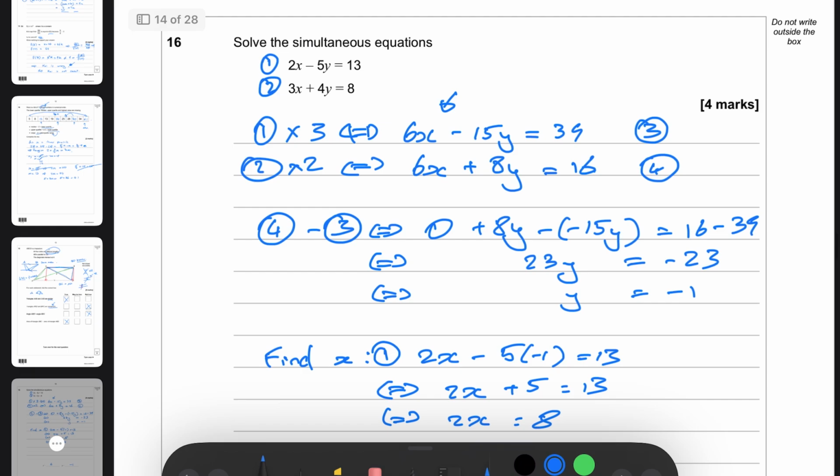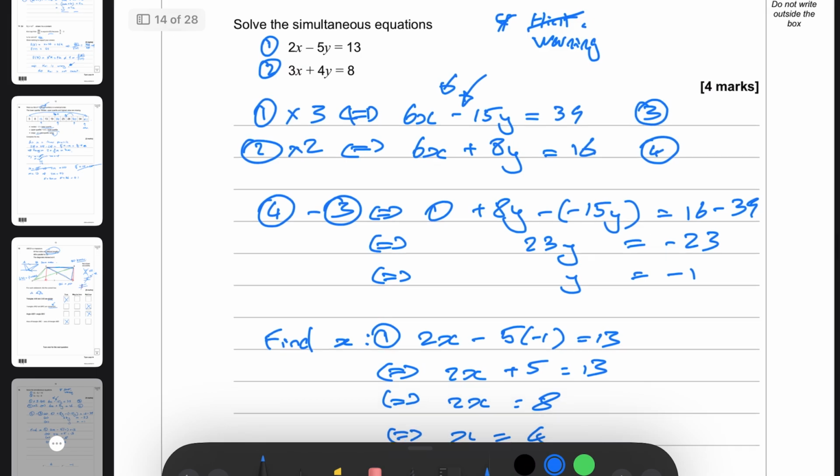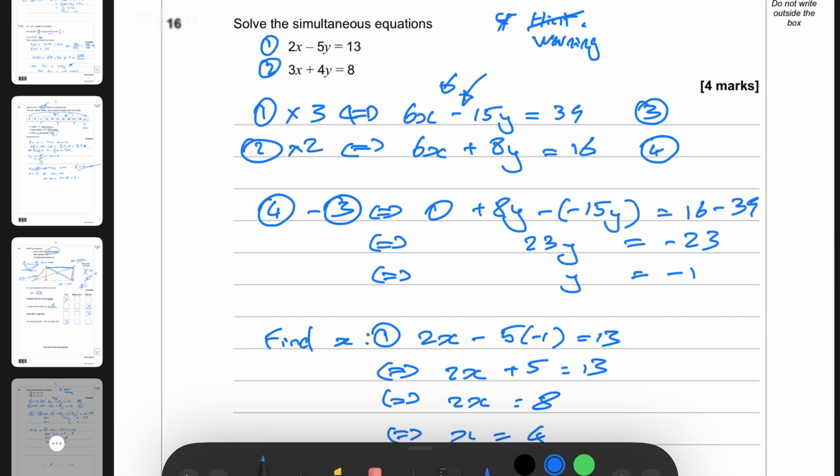One thing I'm going to note, it's more of a warning actually: be careful with the double negatives. It's very easy to forget here that you've got to subtract minus 15y, not 15y. The only way to really get around that is to be careful and not drop the marks.